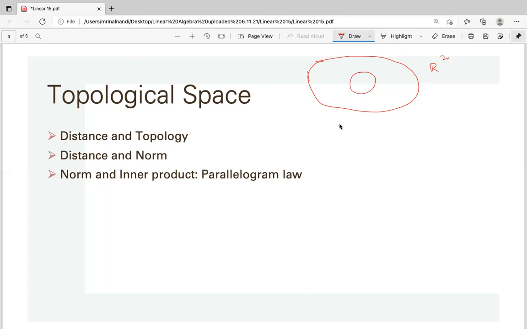What sets are open? To define an open set, say A is a subset of R2, and an element x in A is called an interior point of A if there exists some delta positive such that the neighborhood, sometimes called a ball, is contained in A. What is the neighborhood?